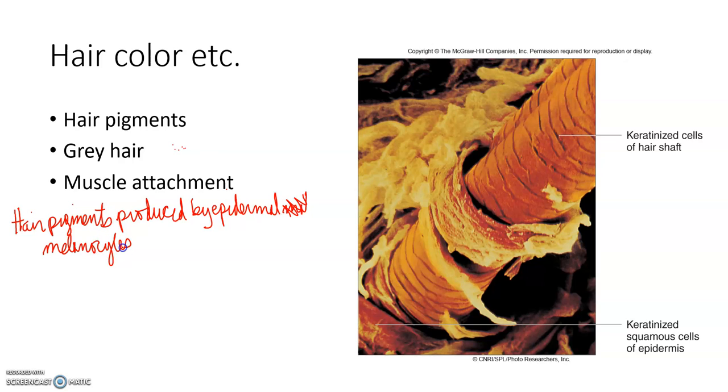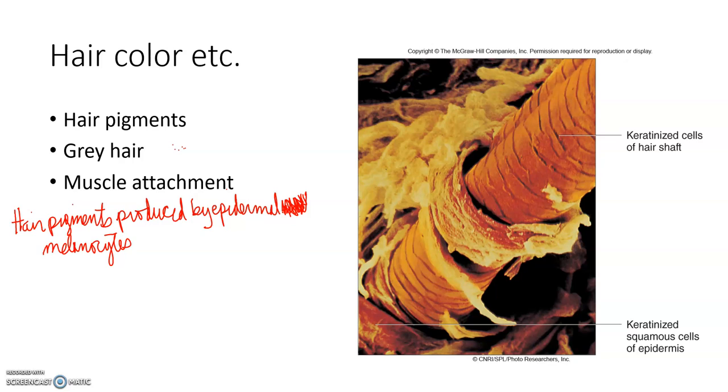Melanocytes, right? So just like in the skin, these melanocytes are able to take tyrosine amino acid, enzymatically convert it into a couple of different pigments. These pigments aren't proteins exactly. They're amino acid derivatives of the amino acid tyrosine. And it's the epidermal melanocytes that line the follicle.